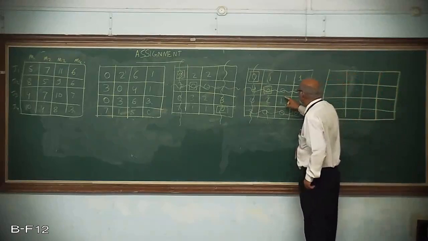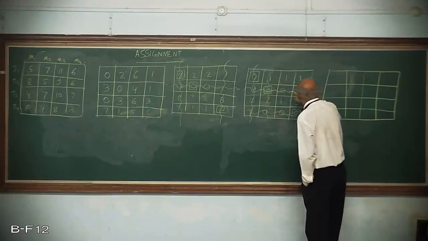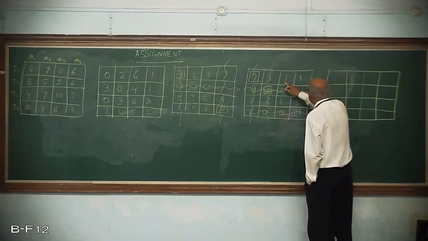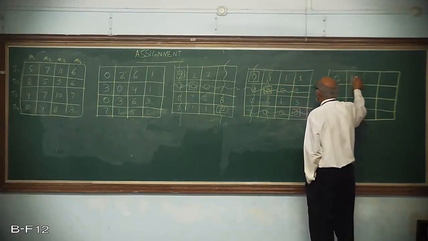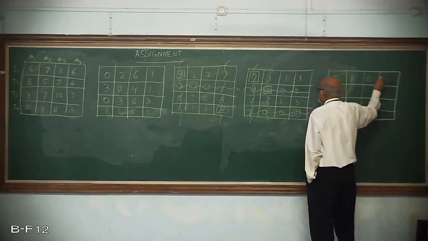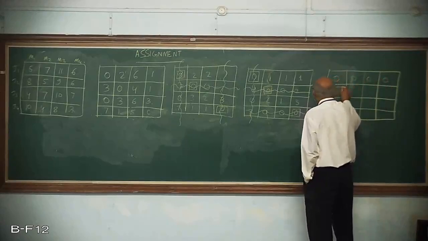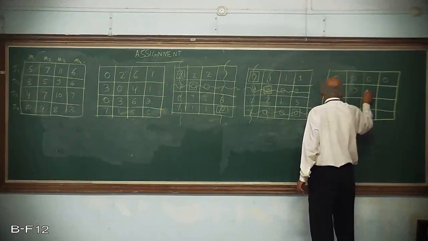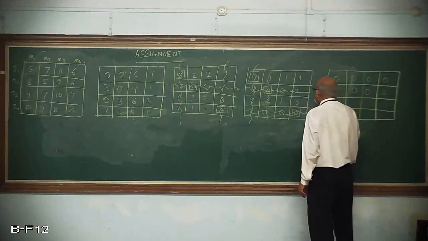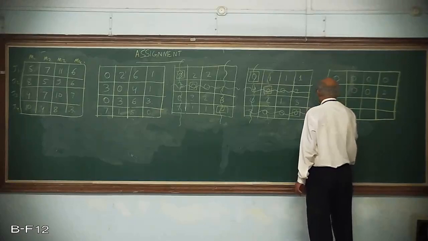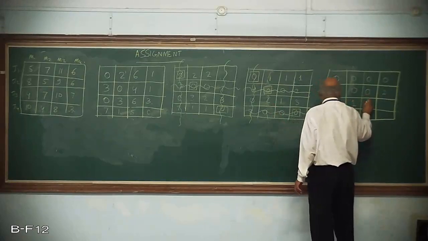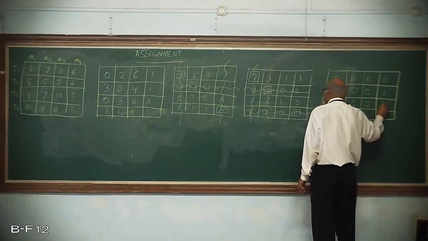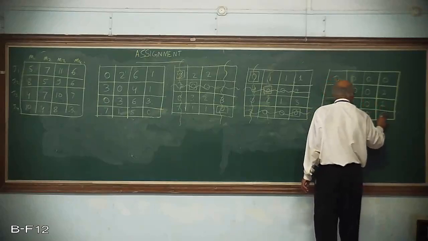Now out of these, which is the least? Least is 1. Try to observe here. So this is 0, this is 0, this is 0, this is 0, this is 4 plus 1, 5, this is 0, this is 0, this is 2, this is 0, this is 7 plus 1, 8, this is 2, that means it will become 1, this is 1, this will become 0, this will be 2, this is 0, and this is 0.